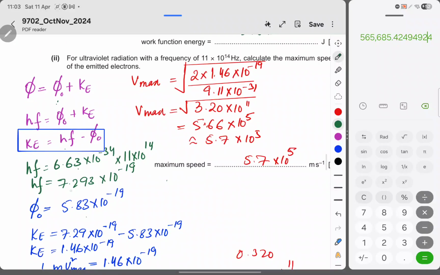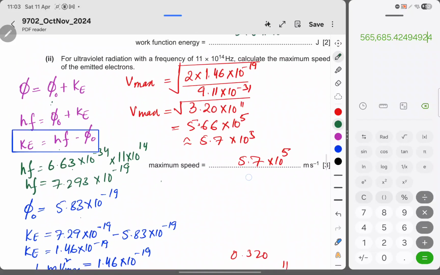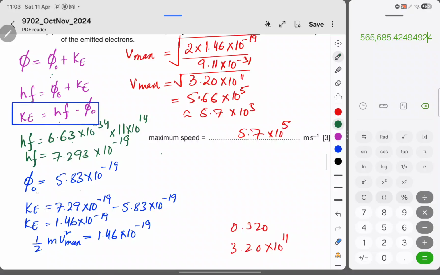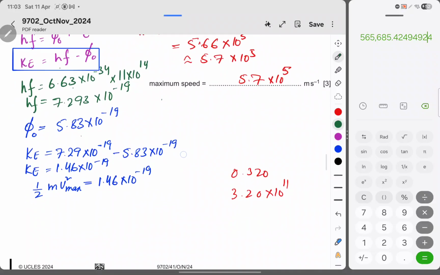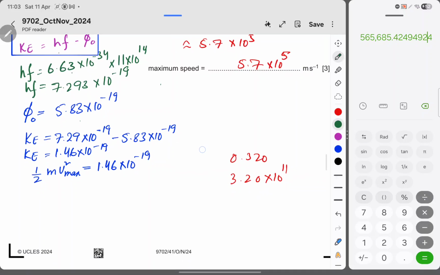So we will get 7.293 into 10 to the power minus 19. And in the previous part we already found the work function, right, which is 5.83 into 10 to the power minus 19. So the kinetic energy will be 7.29 minus 5.83 into 10 to the power minus 19. So what we get is 1.46 into 10 to the power minus 19 joule.